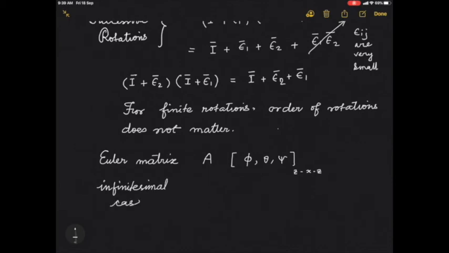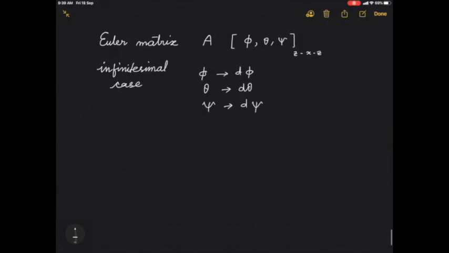If I consider the infinitesimal case, then we write d phi for phi, d theta for theta, and d psi for psi. So then A, or should I write dA, it's also a matrix, will have this form.